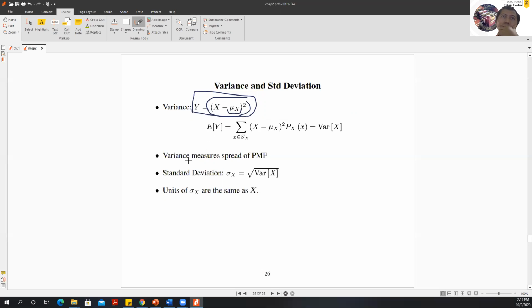Variance measures the spread of the PMF, and standard deviation is the square root of variance. The unit of standard deviation is the same as x, of course, because the square is already taken.